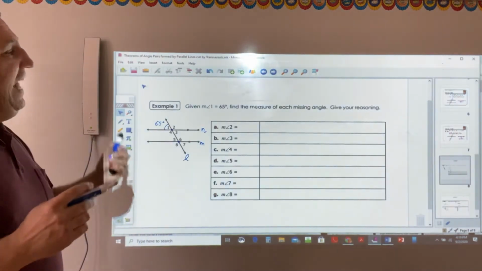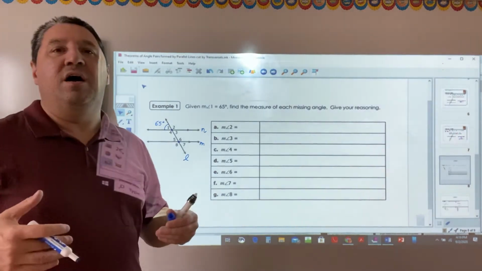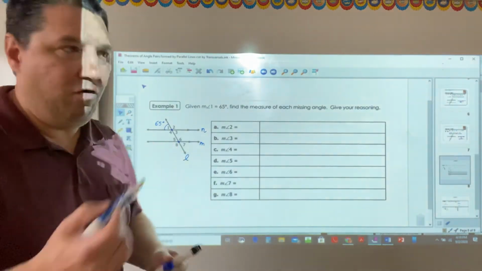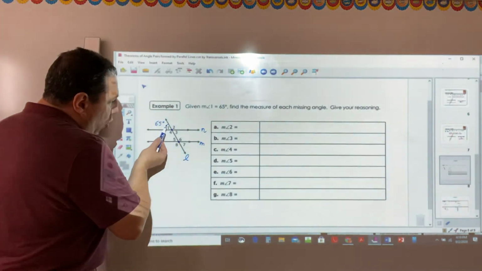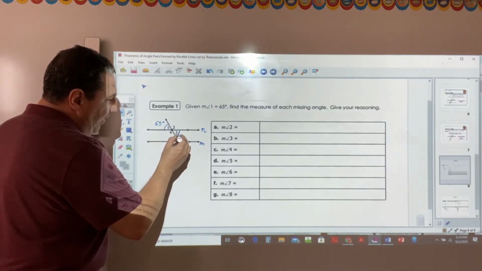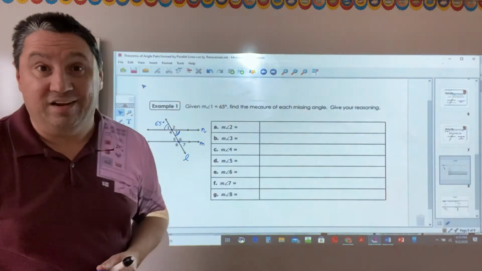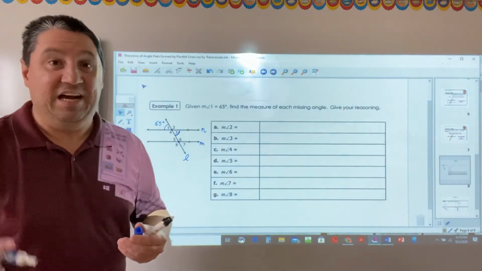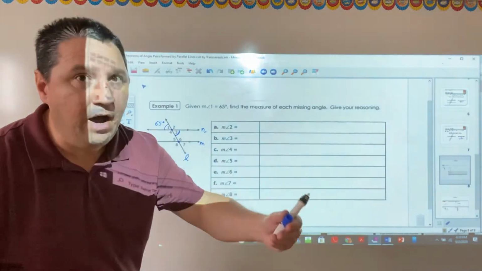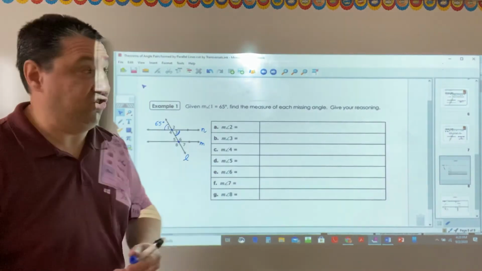Now, what other angles could be found? Easy. Look, 1 and 3, remember what kind of angles? Are vertical angles, or opposite. Remember, we know vertical angles are always congruent, which means they have the same measure, right?